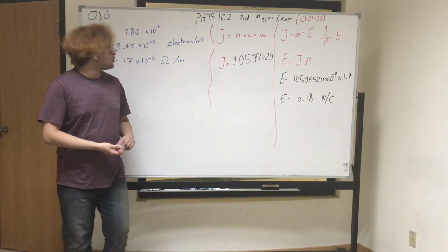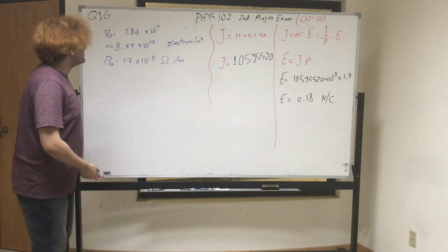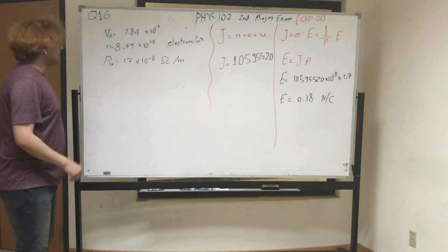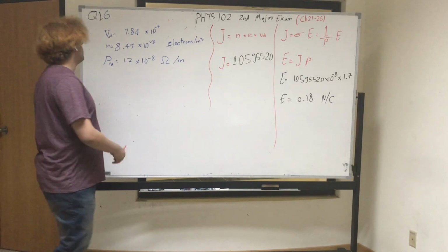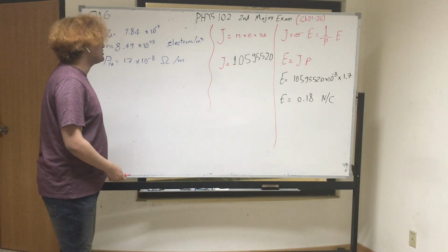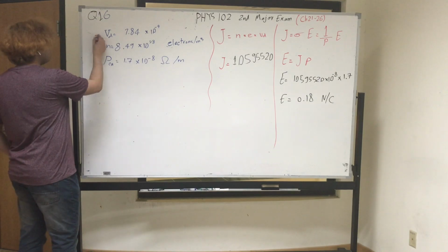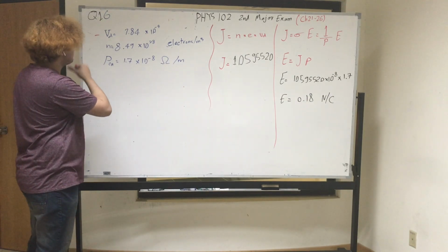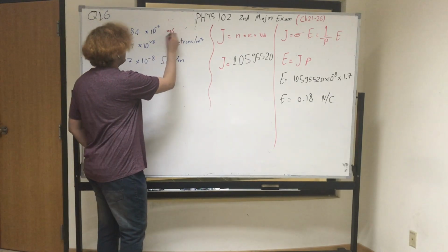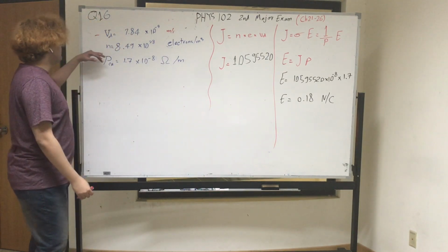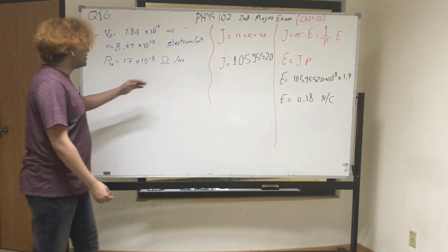Alright guys, so for question number 16, it's another plug and chug question. It's a very straightforward question. So we're given the drift velocity, okay? Meters per second. And we're given the number of electrons per unit volume.